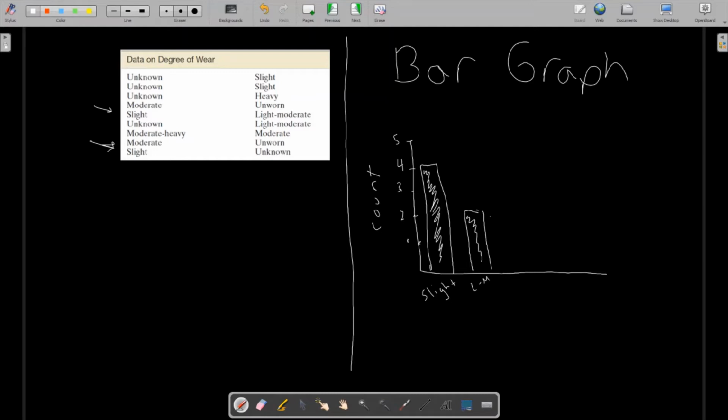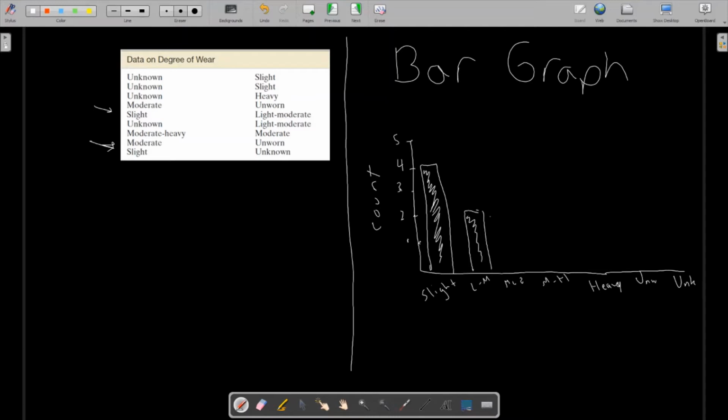And then we can repeat the same for moderate. And then do the same for moderate heavy, which I would denote MH. I'm gonna have to draw this out a little more. And then we have heavy and unworn and unknown. And so I'll fill in these as well just to complete the bar graph.